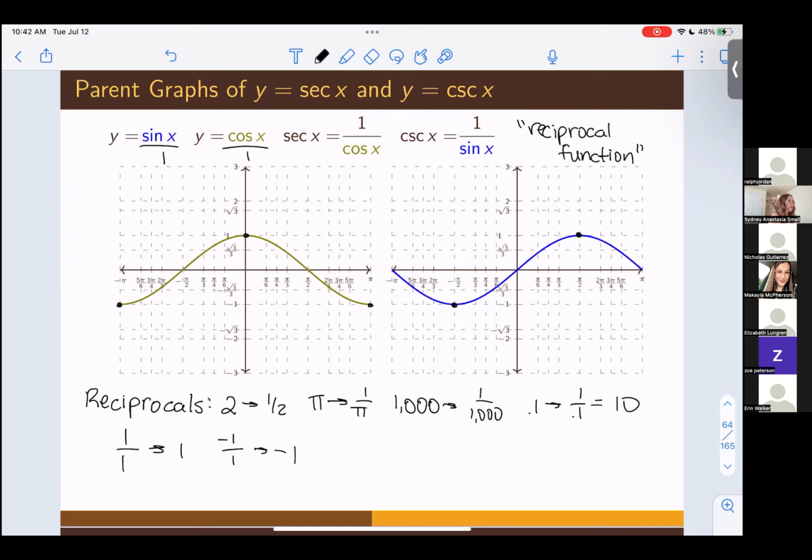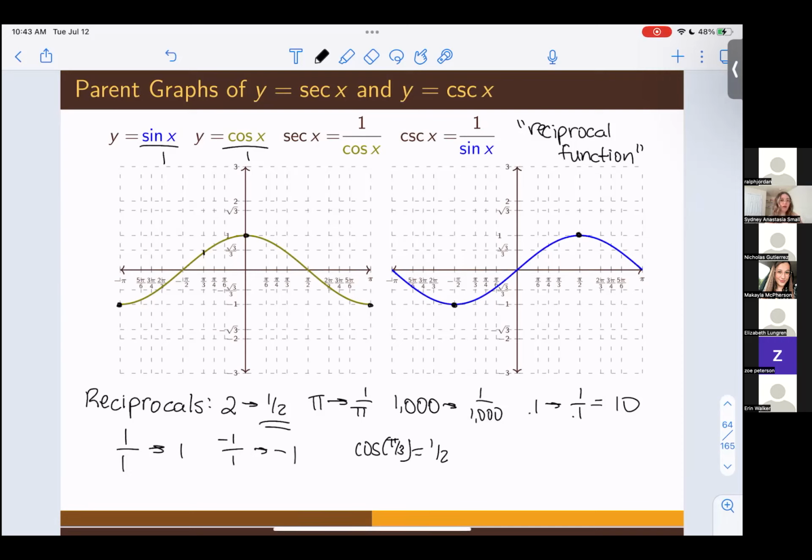Okay. Now, what if we think about, what's a good one to think about? We already thought about 1/2. And we know that on our graphs, the cosine of pi thirds from our unit circle is 1/2. Okay, so that means on our graph, this value is 1/2.